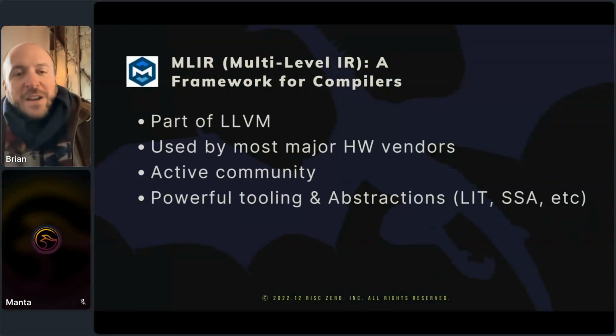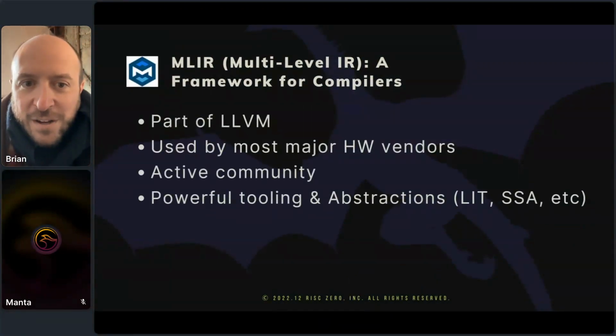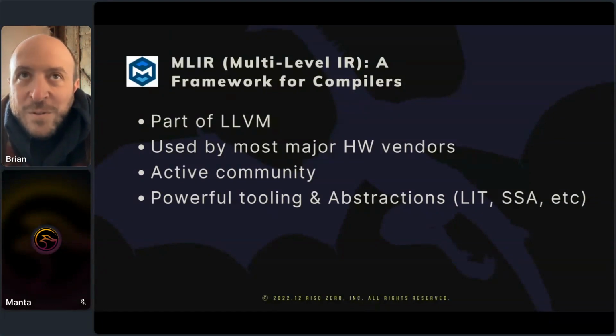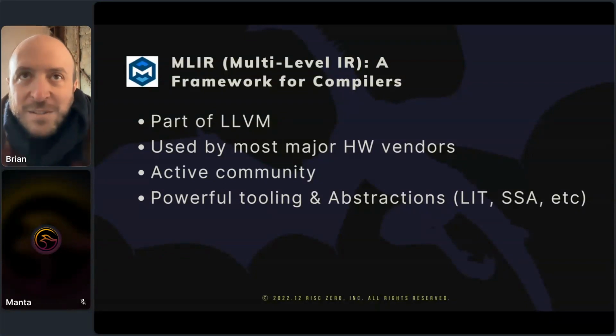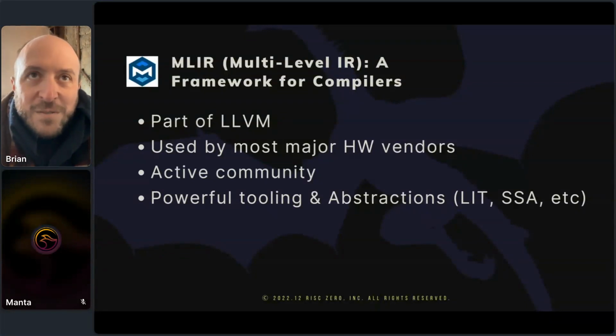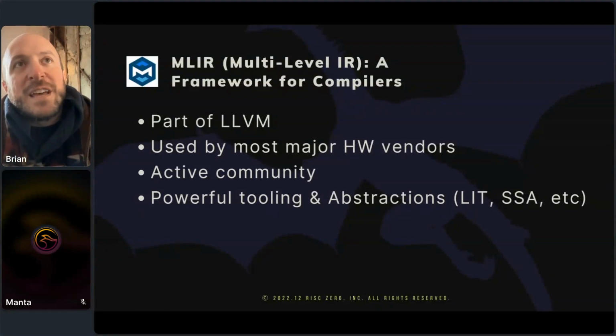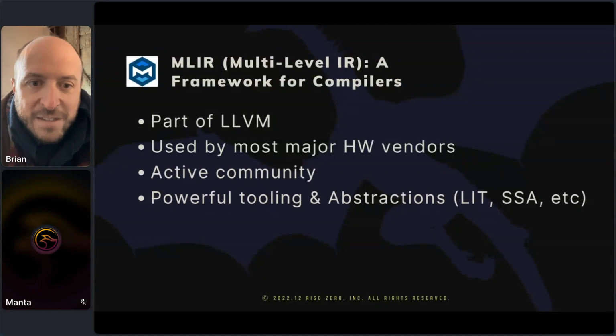So MLIR stands for multi-level IR, and it's really a framework for building compilers more than anything else, and it's a framework for building IRs that solves a lot of the lack of tooling problems that I was talking about earlier, and has learned from the vast history of compiler development, and is very informed by the last round with AI.